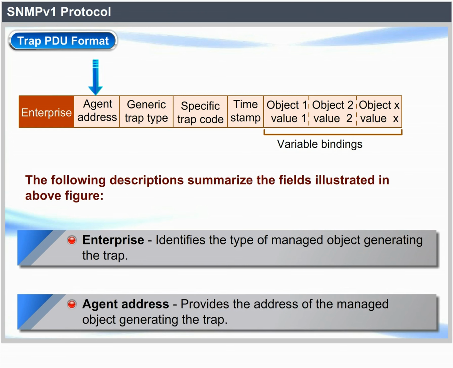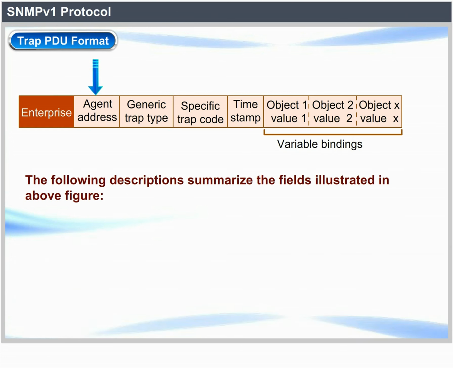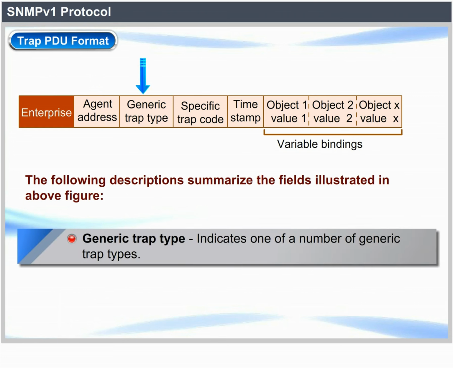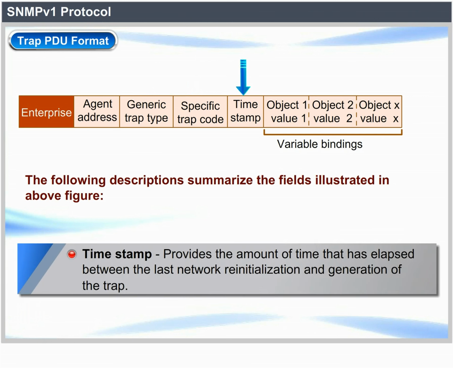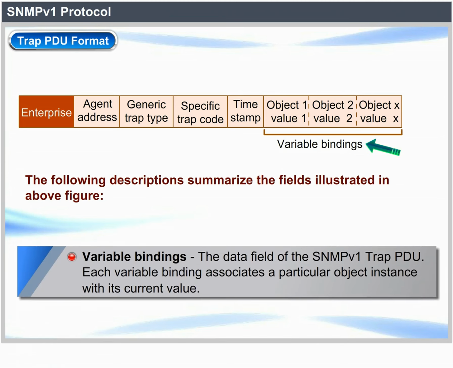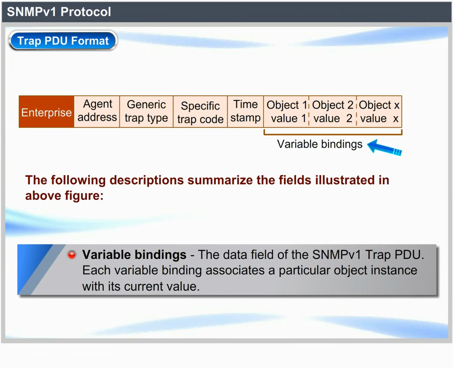Generic trap type indicates one of a number of generic trap types. Specific trap code indicates one of a number of specific trap codes. Timestamp provides the amount of time that has elapsed between the last network reinitialization and generation of the trap. Variable bindings, the data field of the SNMPv1 trap PDU. Each variable binding associates a particular object instance with its current value.